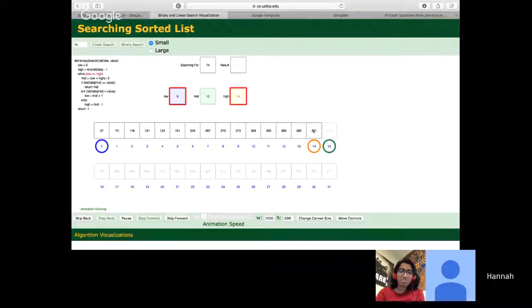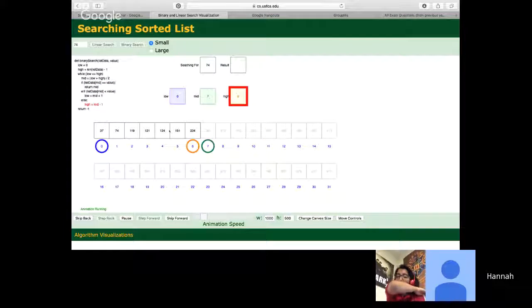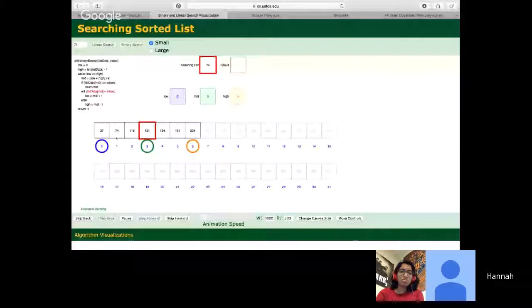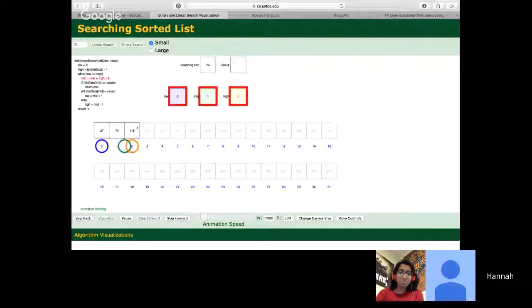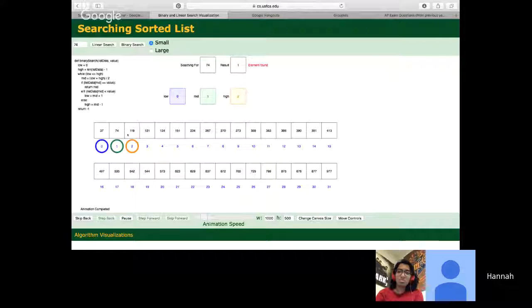So as you can see, it just went to the middle of the array over here, and it realized that it was smaller. Basically keep going and finding the middle of each section and deciding whether the value it's looking for is less than or greater than the middle until it gets to that value, 74.